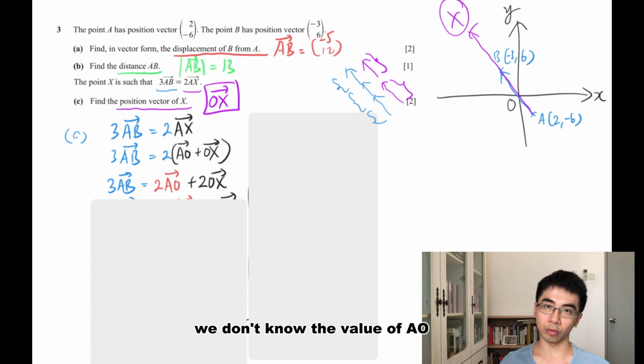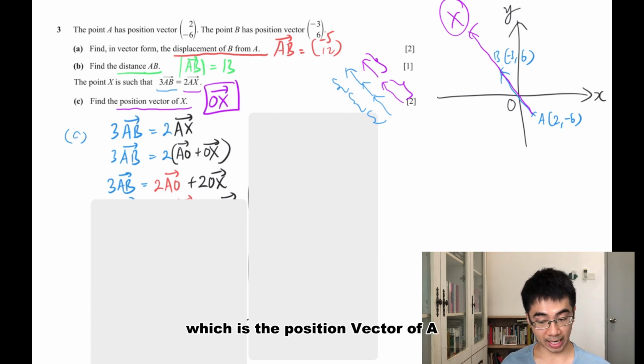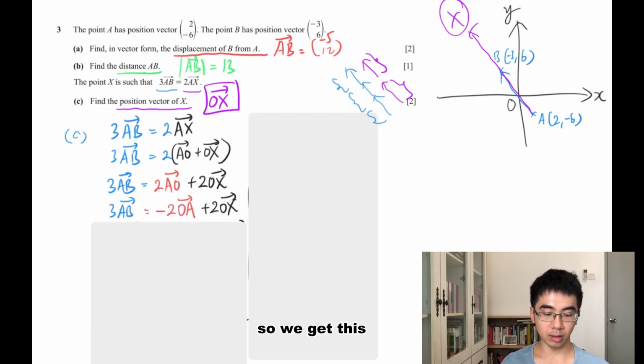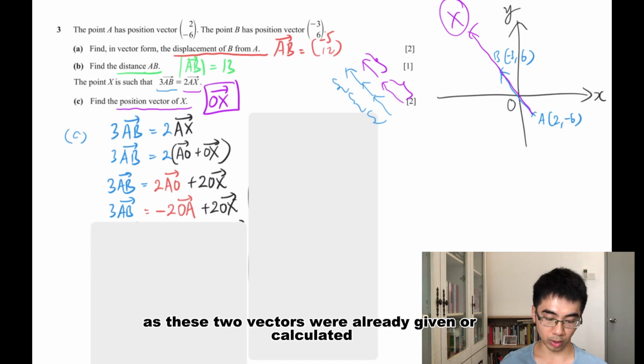But we don't know the value of AO. We already know OA, the position vector of A, so we can change AO into negative OA. Then we can substitute the vectors AB and OA, because these two vectors are already calculated or given.